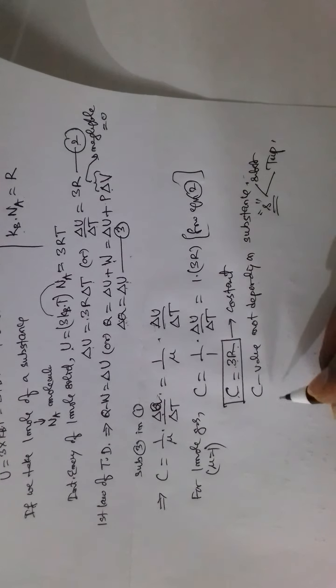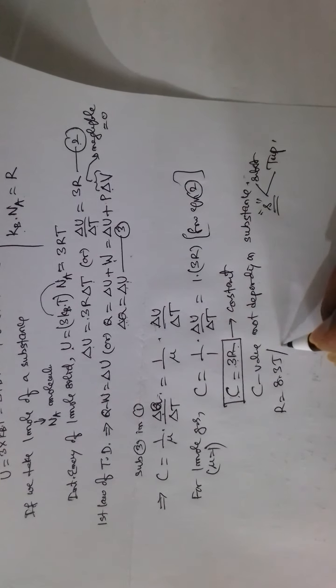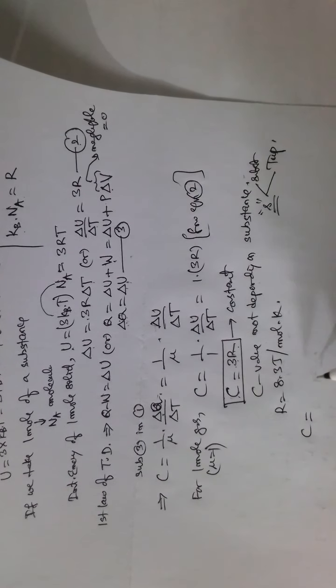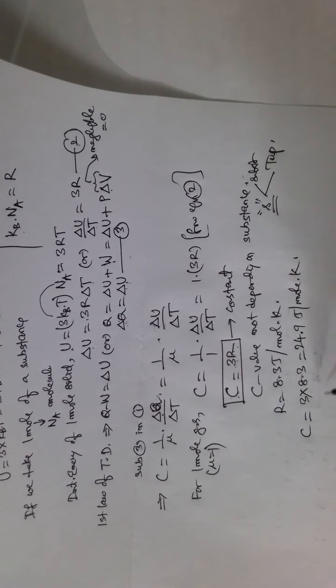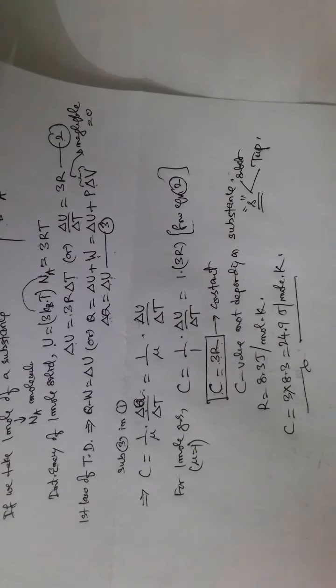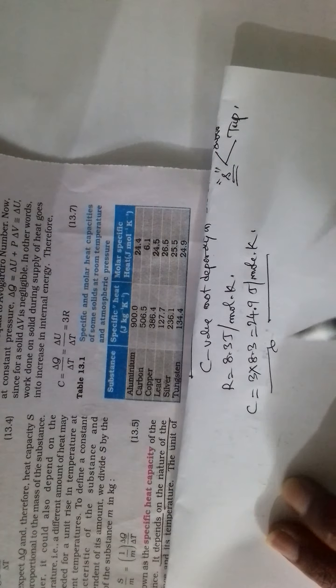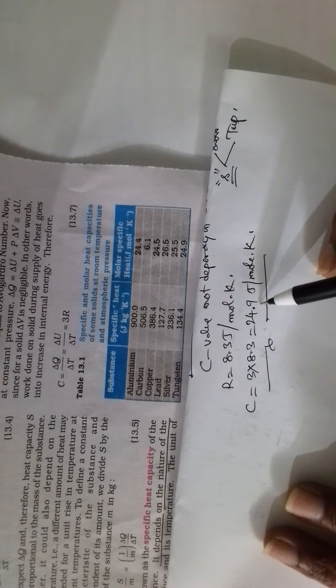And the universal gas constant value is 8.3 joule per mole Kelvin. Substituting here, C is equal to 3 into 8.3 joule per mole Kelvin. We got this value. Now let us look at the table values. We got the C value, specific heat of solid 3R, it is 24.9.